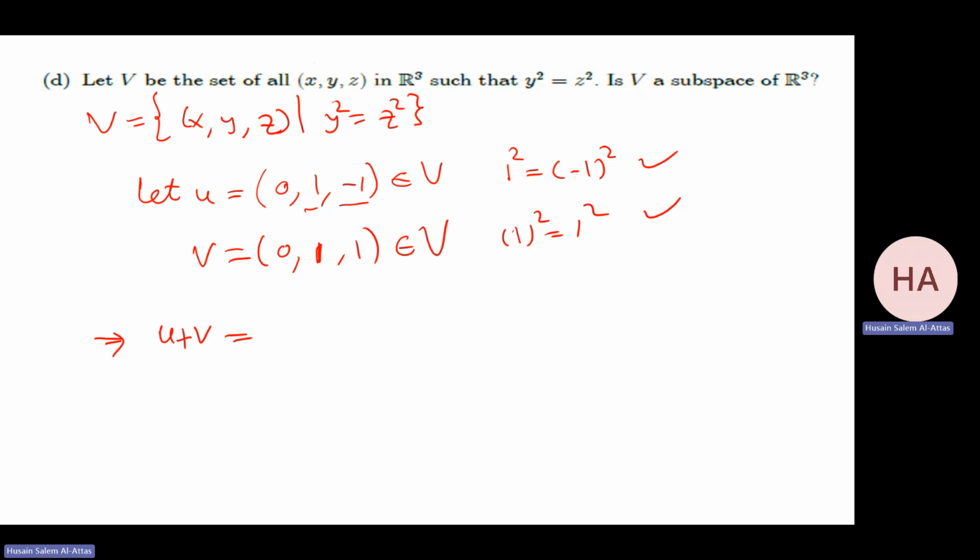You need to look at an example where it's not satisfying the condition. Yes, now it will not. u plus v will be what? (0, 2, 0). This does not belong to V, since 2 squared does not equal 0 squared. So that means V is not a subspace.